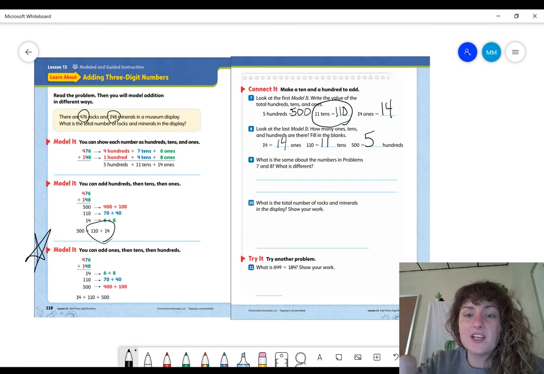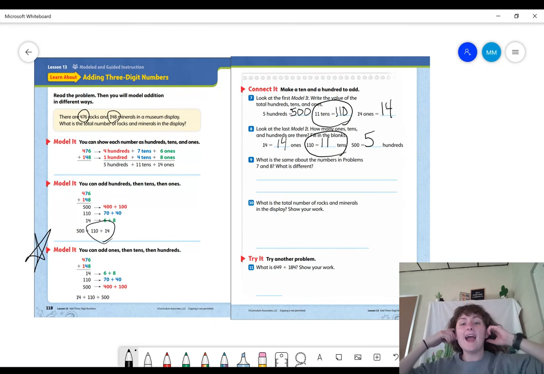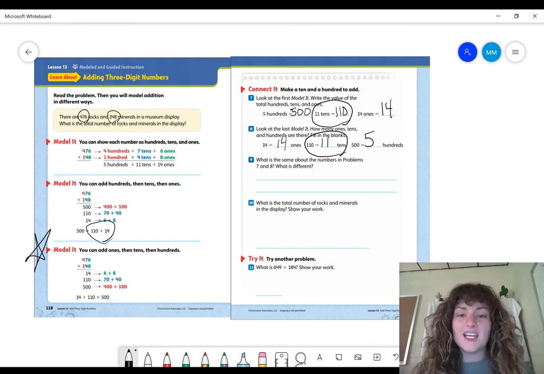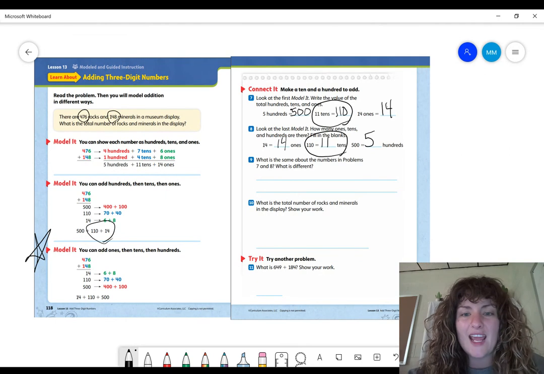I want you to look at our tens place. 11 tens is the same as 110. Okay, so that is what is the same, right? So when we are thinking about these numbers, we have to think about the value of each place. So what is the same about the numbers in problems 7 and 8? What is the same?